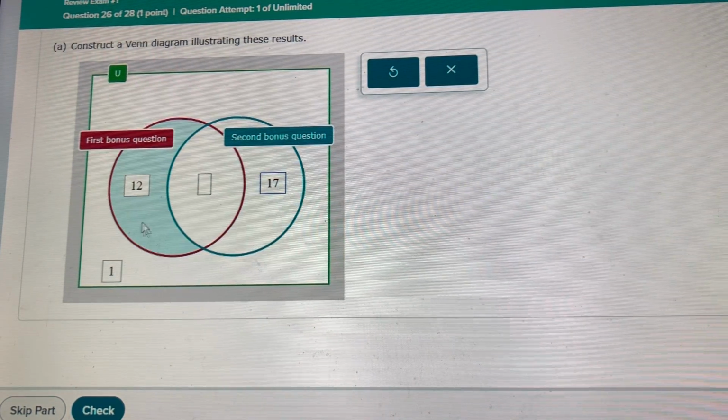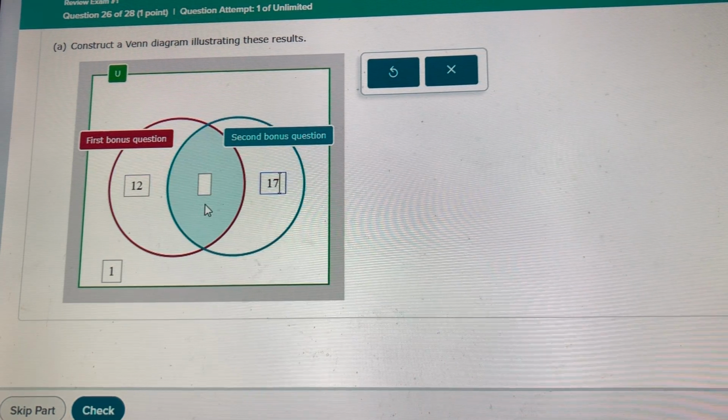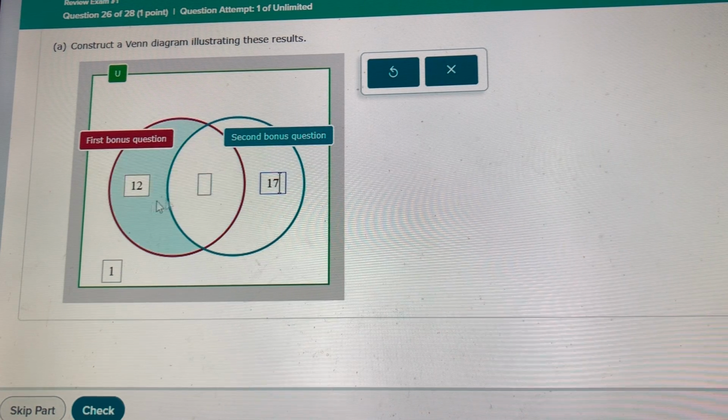So this is x plus something. This plus something equals 12, and the same something plus something is 17.